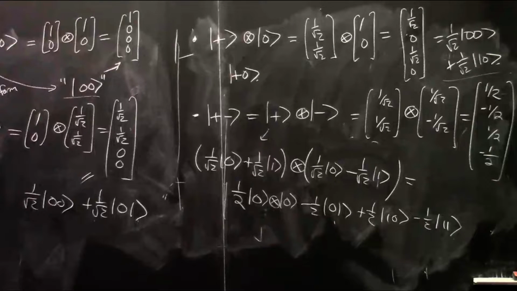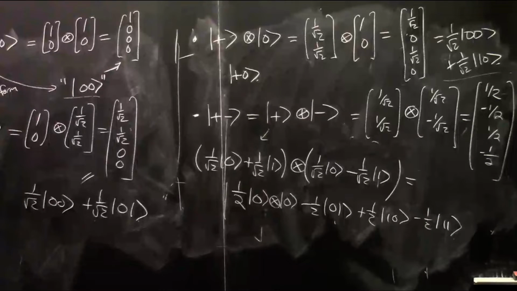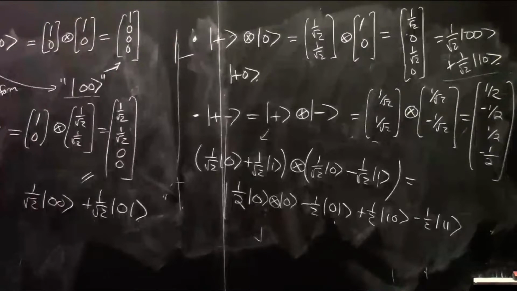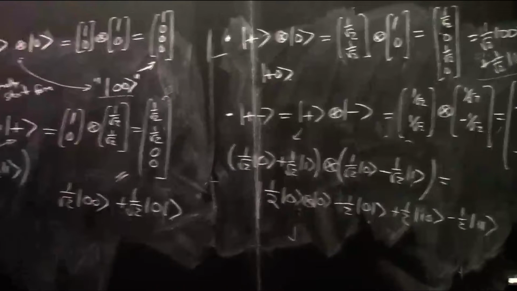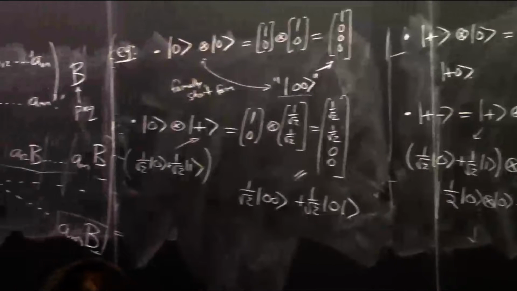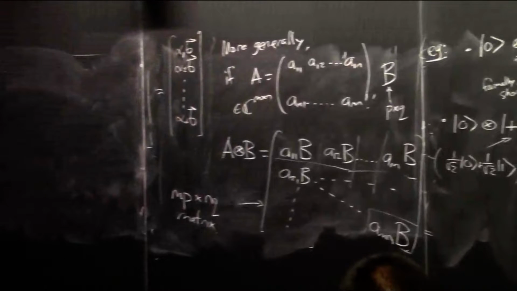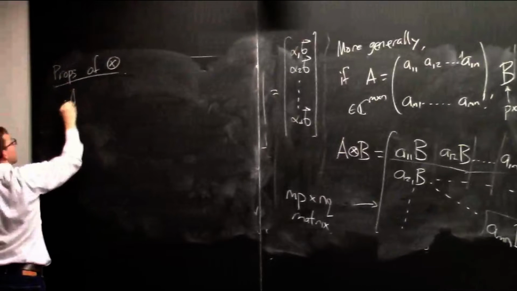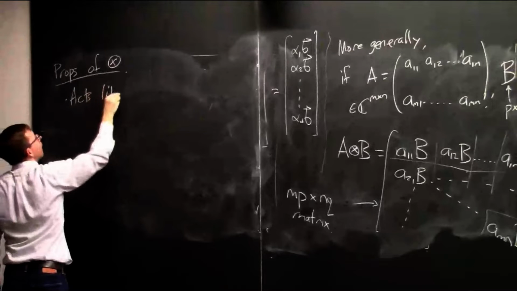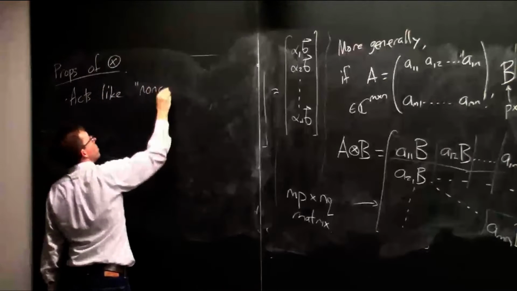So all of this is to say that this Kronecker product or tensor product, you can manipulate it formally like it's a non-commutative multiplication. Here are some very basic properties that even hold for matrices, so I'll use capital letters. As I said, it acts like non-commutative multiplication.